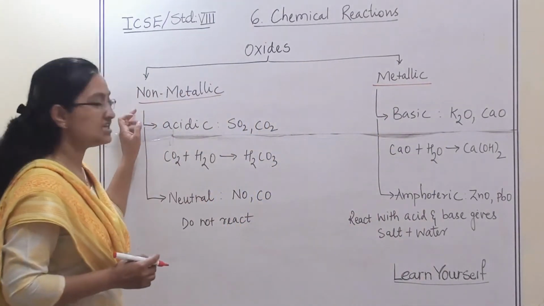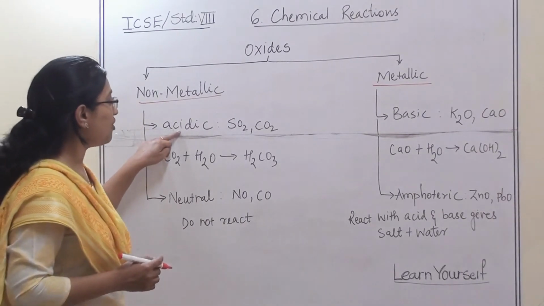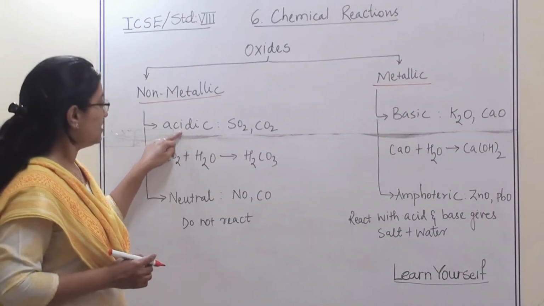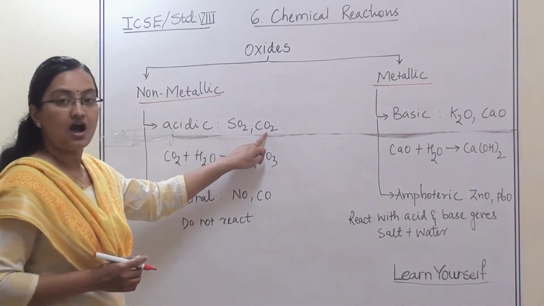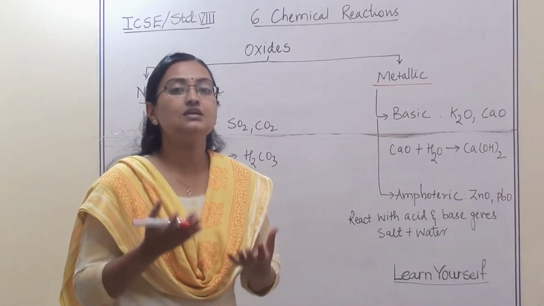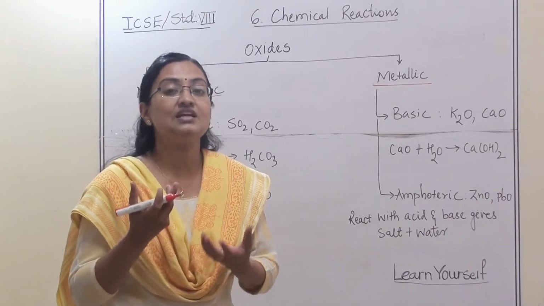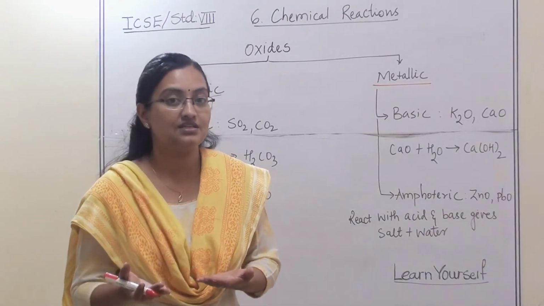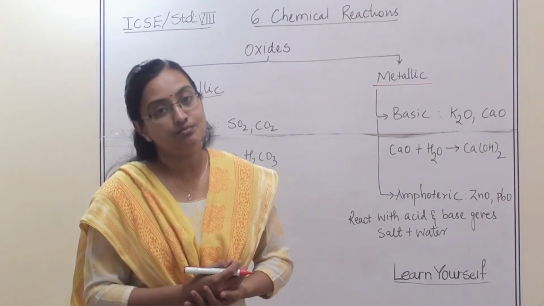Let us first see non-metallic oxides. In this, the nature of oxides will be acidic. For example, sulfur dioxide and carbon dioxide. How will we know the nature? When we mix those oxides with water, if it generates an acidic medium, then they are acidic. If it generates a basic medium, then they are basic.